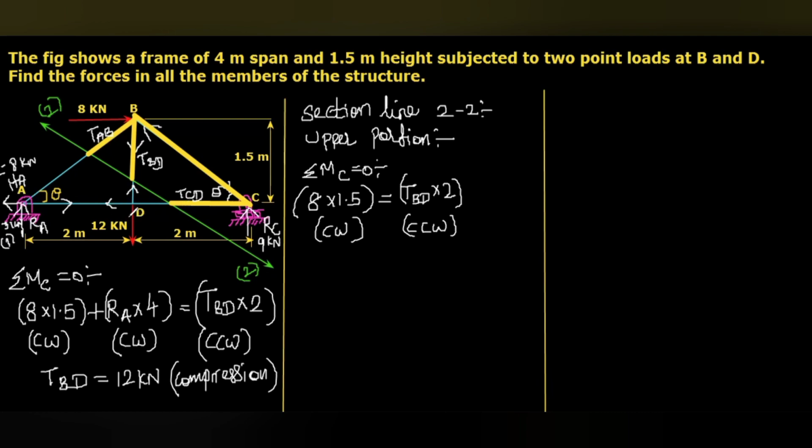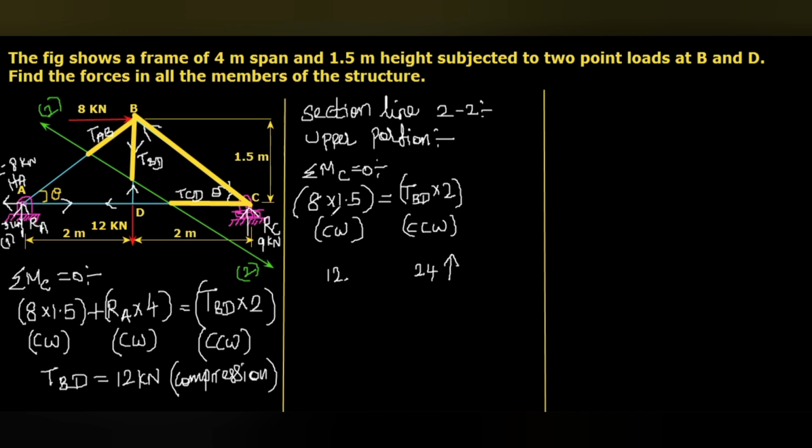Here you can see the value of TBD is 12 kilonewton. If you substitute 12 here, 12 into 2, that will be 24. But 8 into 1.5, that is 12, on the clockwise side, and this one is actually 24. So here you see the counterclockwise is more.